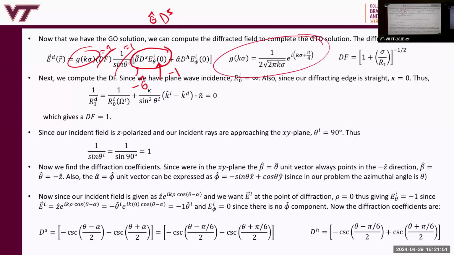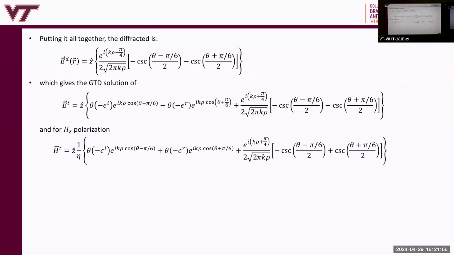Let's check that on the next slide. It's exactly what we have: here's GK of rho, and then we have ds. That's all that was left. Of course, it's theta polarized, and we indicate that here with the z. For the GTD solution, we add in the incident and reflected fields, and then we have H_z polarized.